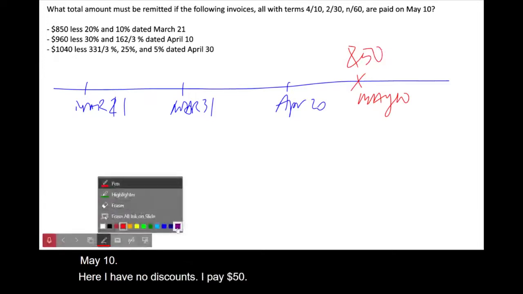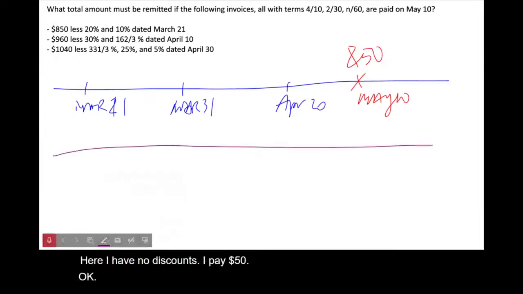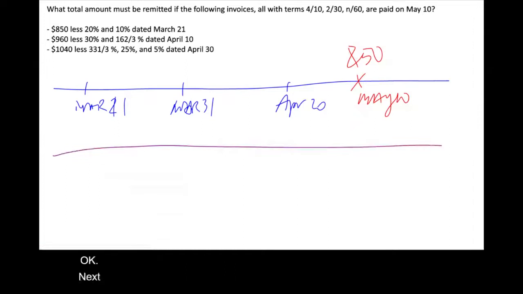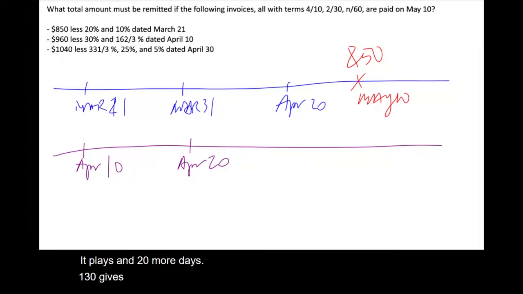Okay. Next is April 10. So April 10 gives me 100. So 110 is April 20th, and 20 more days, 130, gives me May 10.